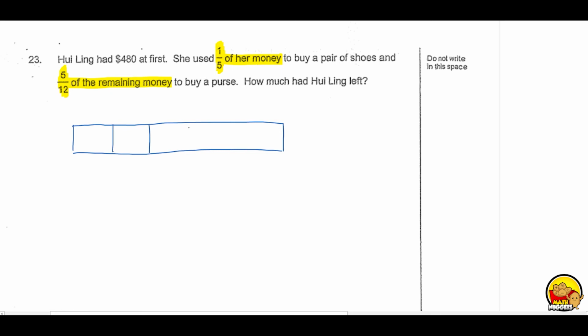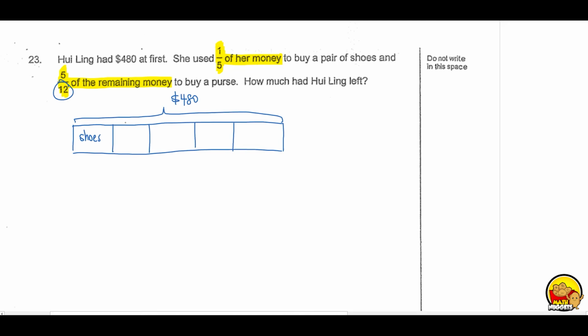So 1 out of 5 was what she spent to buy the pair of shoes. Okay, and everything is $480. Okay, so then the remainder would be the 4 units here, which they are now referring to as 12. So I can actually cut it up.